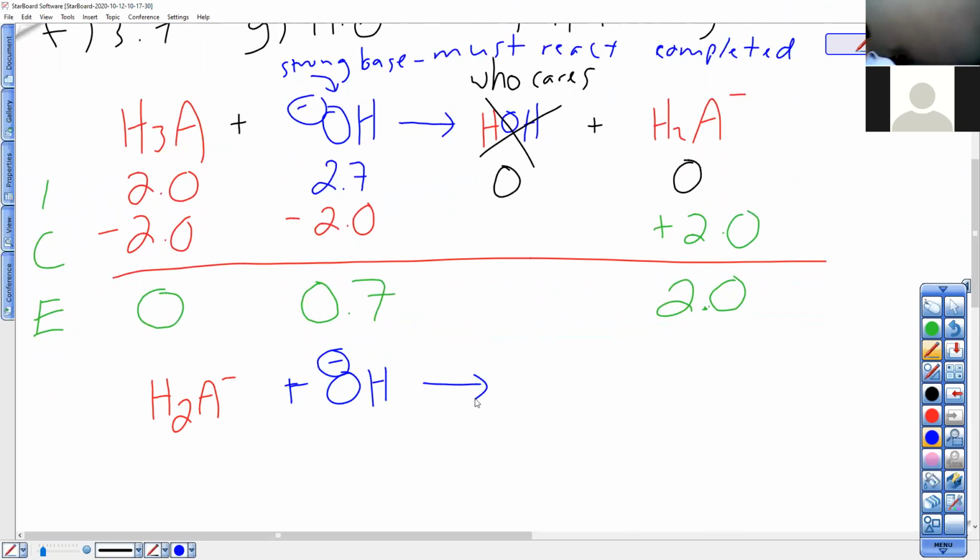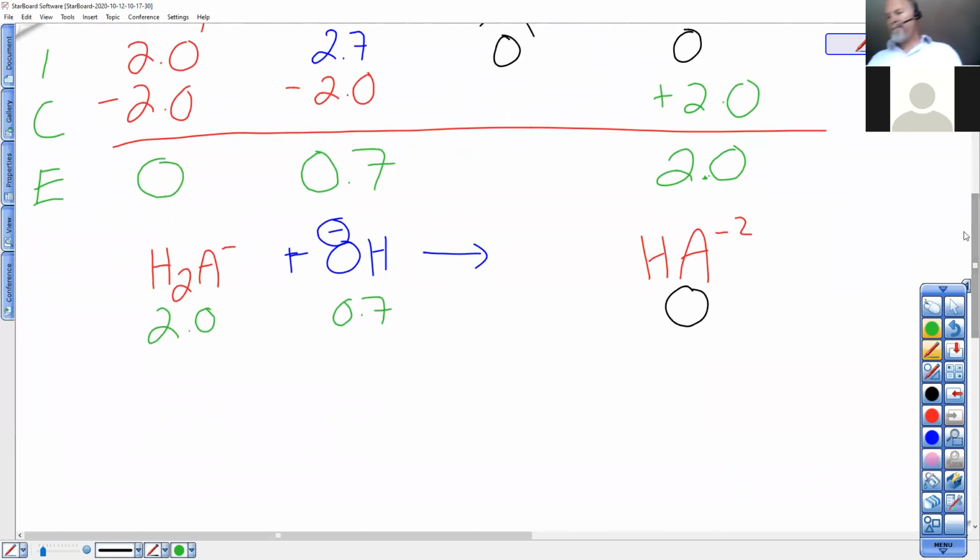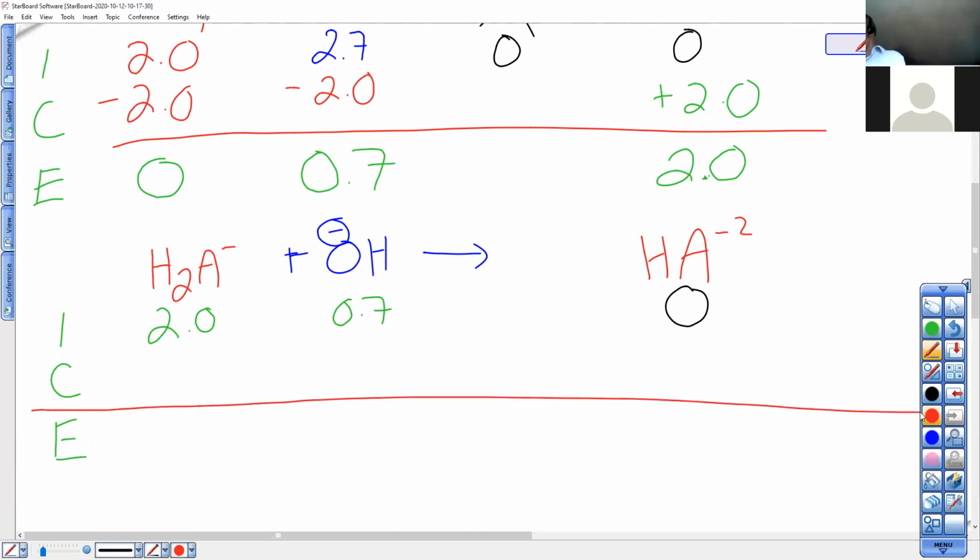And what are you making from H2A negative? You're making HA negative 2. You started with 0. You started with 0.7 of hydroxide. You started with 2 moles of H2A negative. You're doing ICE again. OH negative has to disappear. It is now the limiting reactant.